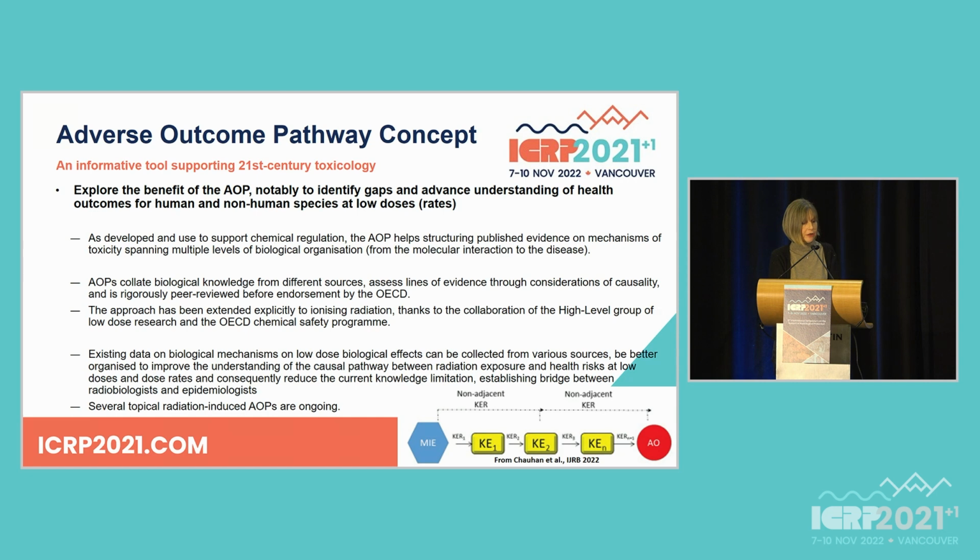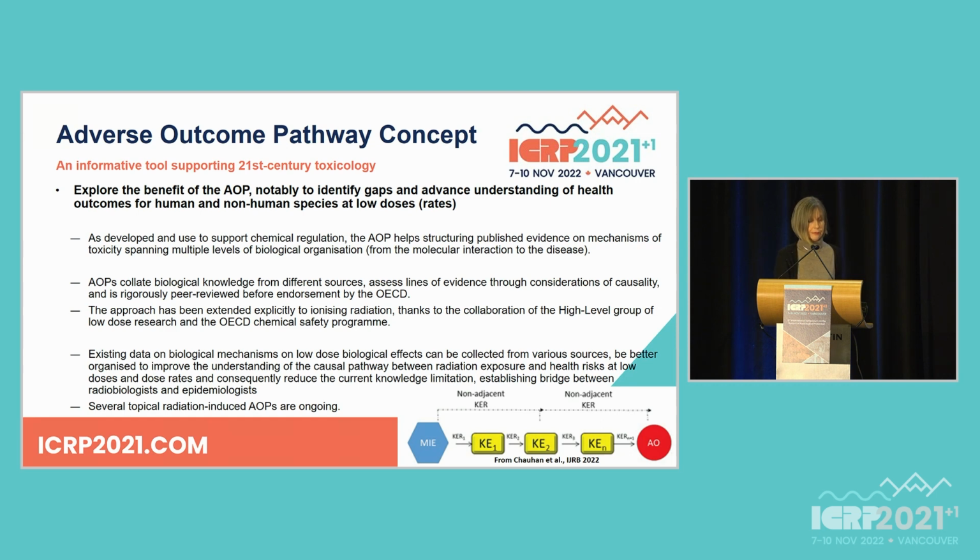We established a collaboration with the OECD Chemical Safety Program through the high-level group on low-dose research, and there will be a presentation during the week by Daniel Beaton about the activity of this group, so that we can make better use of the AOP to better structure the knowledge on biological mechanisms at low dose and low dose rate.